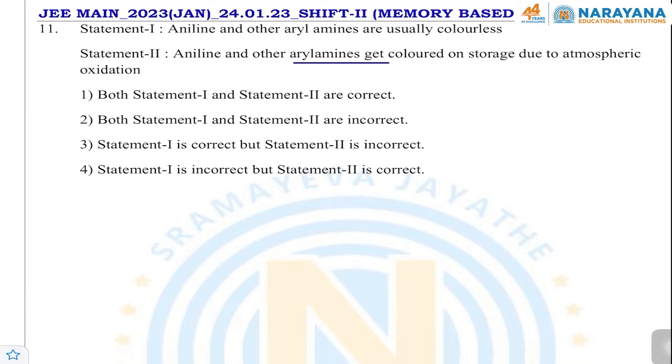The next question is: aniline and other aryl amines are usually colorless. This is a correct statement. This is again based on NCERT physical properties of aniline. Aniline and aryl amines are colorless, but often they appear to be colored because atmospheric air oxidizes them into quinones or imines.